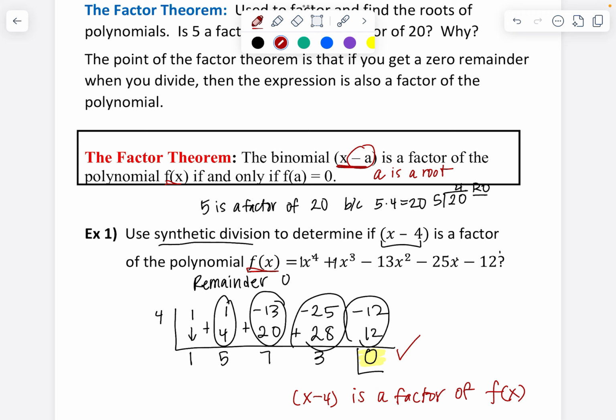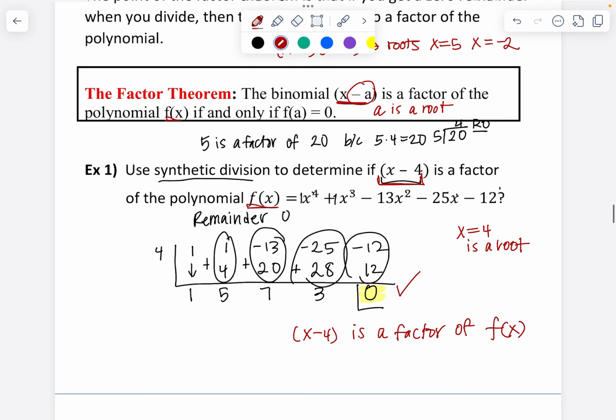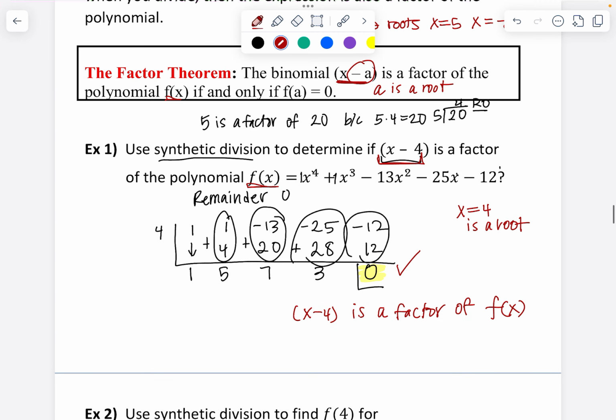So when we are dealing with quadratics, if I had factors x minus 5, x plus 2, the roots would be x equals 5 and x equals negative 2. And so for this specific example, x minus 4 is a factor of the polynomial. So that means x equals 4 is a root. And so this synthetic division is really helpful because if we can find a factor, we can find a root.